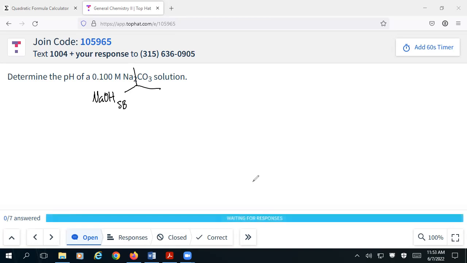The key is to add an H plus to the ion. So if I have the carbonate ion, which would be CO3 2-, I'm going to add a hydrogen to it.